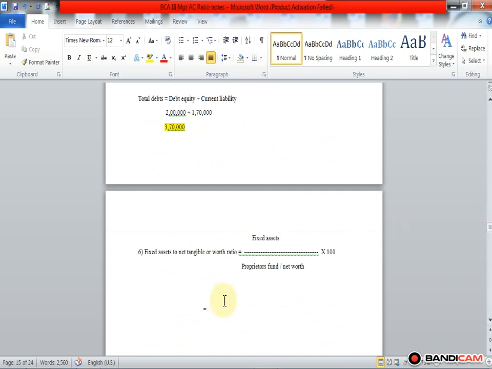Here 12 lakh 50,000 divided by proprietors fund, that is 19 lakh 25,000, multiplied by 100.